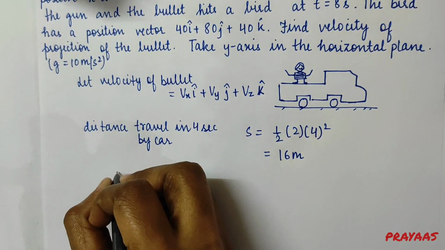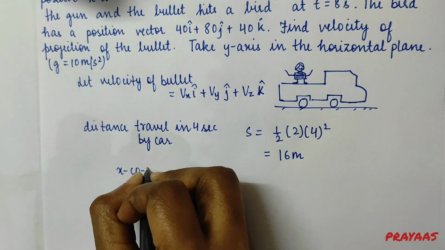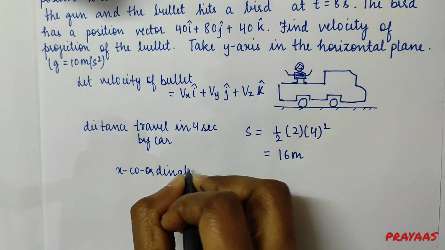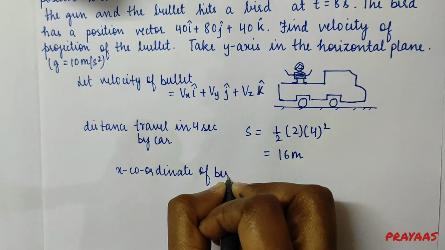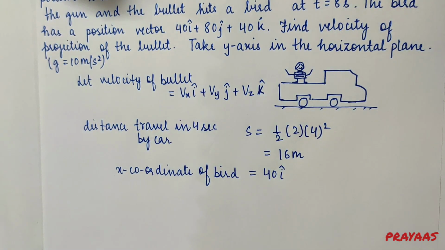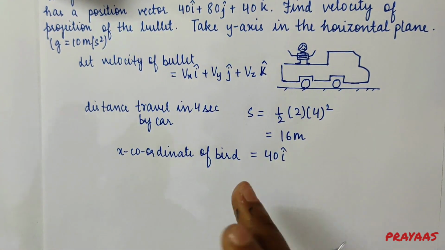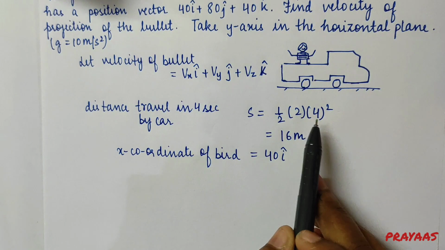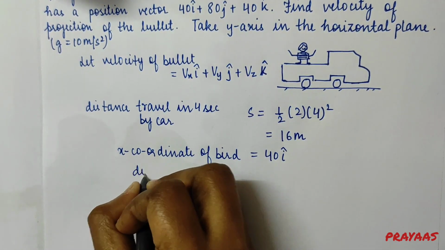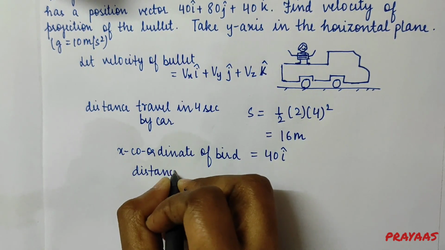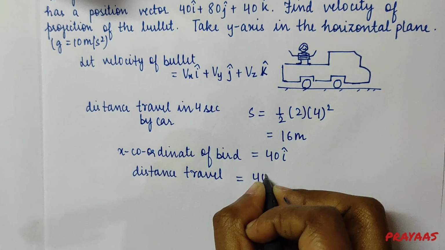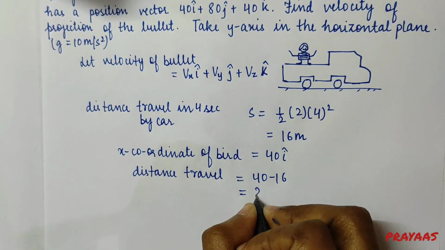Initial x coordinate of the bird is 40 i cap. We all know that. By this time, by 4 seconds, the distance travelled by the bird will be 40 minus 16, that is 24 meters.